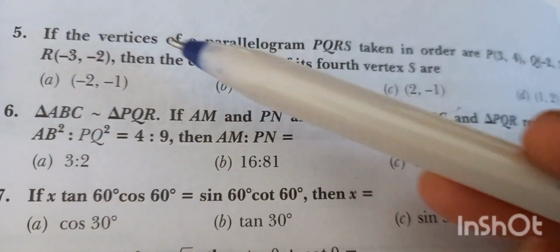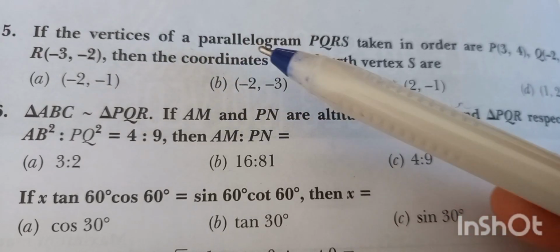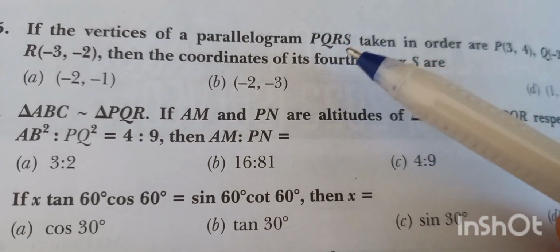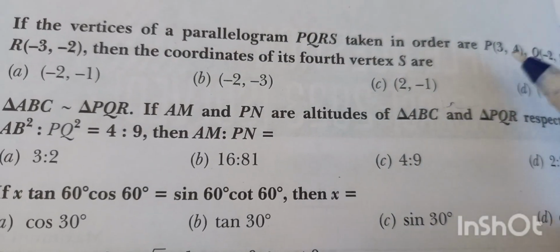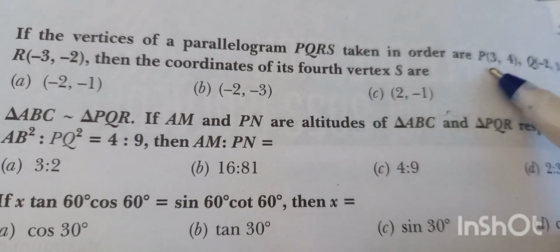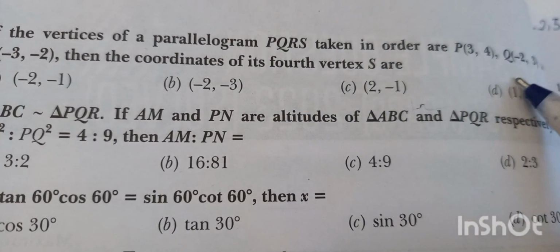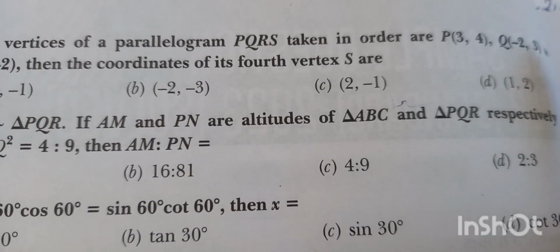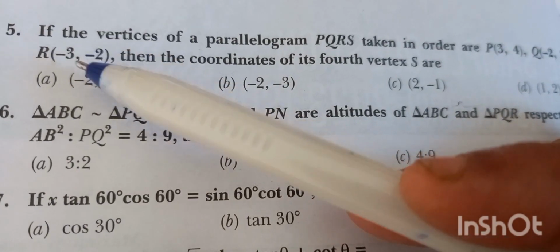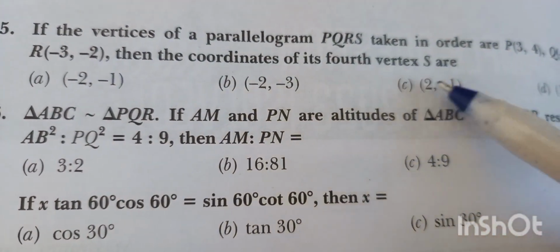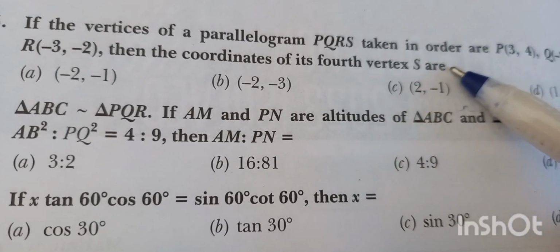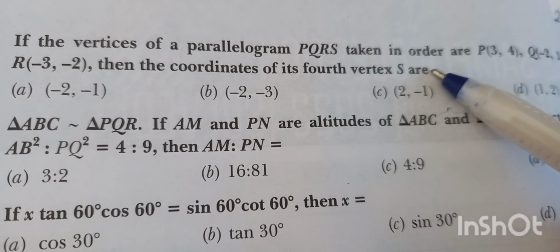Question number 5: if the vertices of a parallelogram PQRS taken in order are P(3, 4), Q(minus 2, 3) and R(minus 3, minus 2), then the coordinates of its fourth vertex S are, we have to find it.